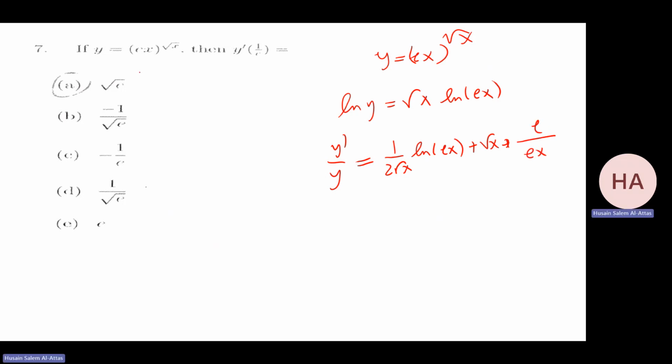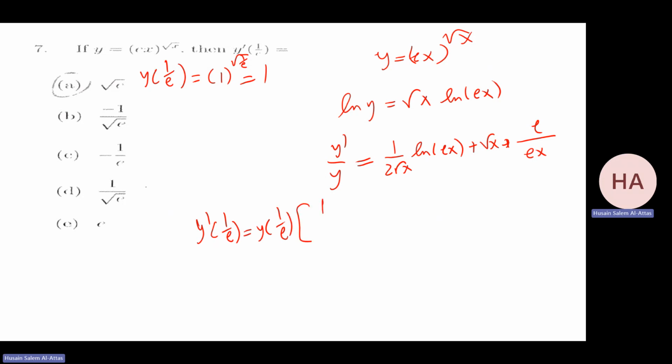I want to find y at 1 over a. That will be 1 to the power square root of 1 over a, and that will be 1. So I have y prime at 1 over a will be y at 1 over a, it will make no difference.